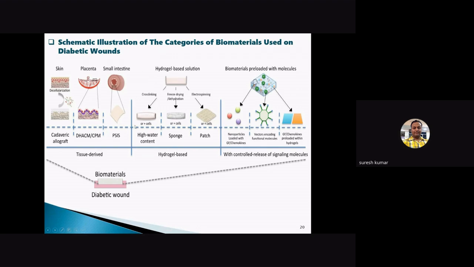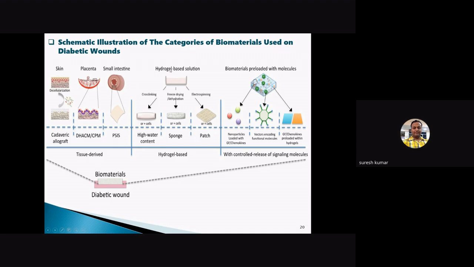The tissue-derived one requires more human ethical approvals, so it is done mostly in hospitals and related research institutes. In the tissue-derived model, dehydrated human amnion or chorion membrane allograft is used frequently, as well as cellularized placental membrane, porcine small intestine submucosa, and cadaveric allograft. These are tissue-derived materials that can be incorporated at the site of injury.